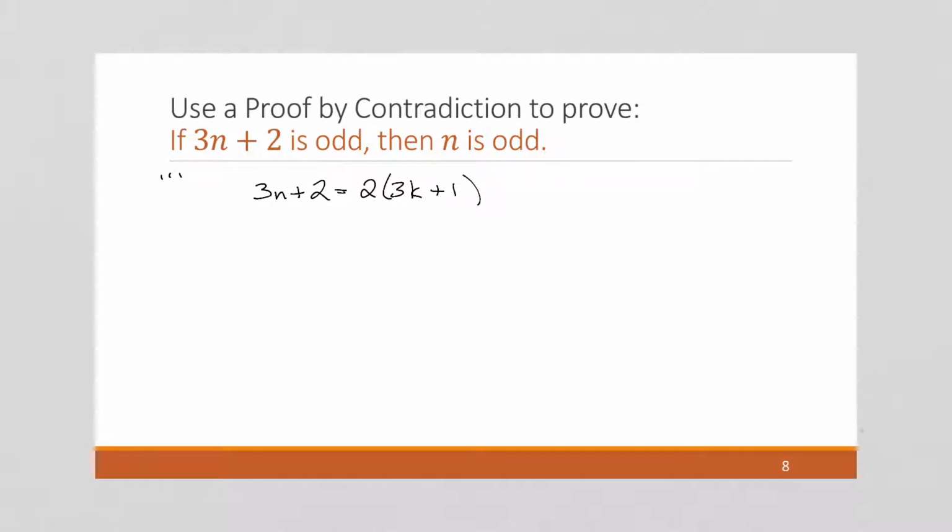Well, why don't we let some new variable, let's say q, equal 3k plus 1? And that's the principle of existential instantiation. If something exists, I can give it a name. Okay, so what do we know about q? Well, we know that it's an integer, due to integer closure.